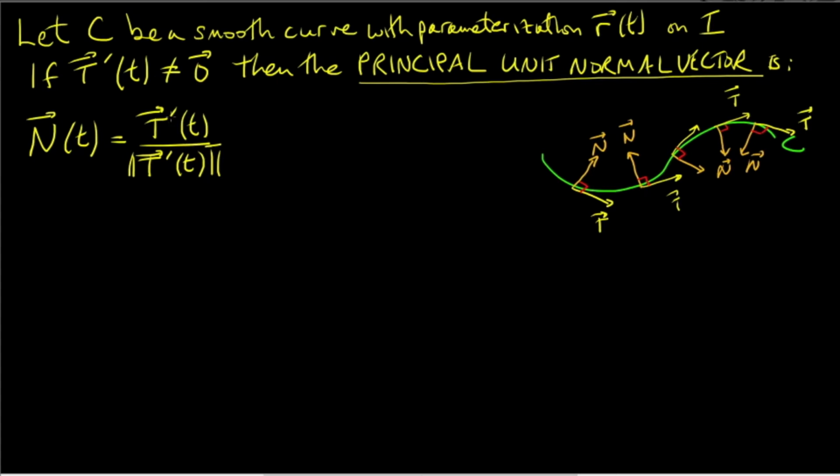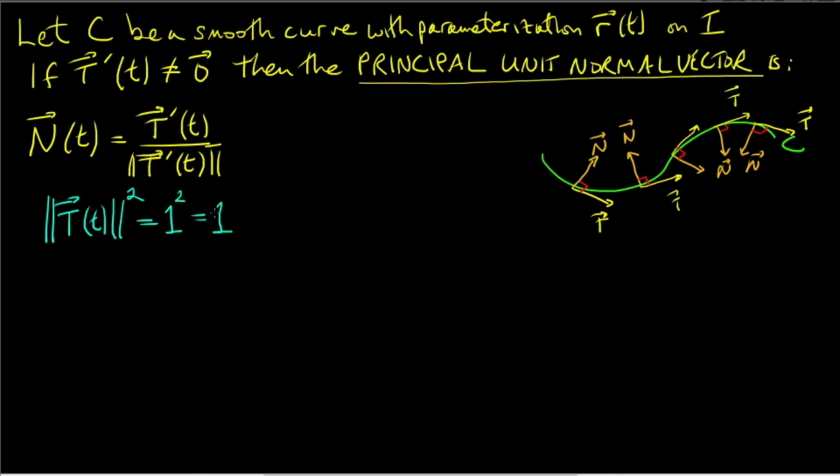So let's see if we can reason through this. Remember the whole idea of the unit tangent vector T is that it points along the curve. It's essentially in the direction of the velocity. However, its magnitude is 1. And also, if you square that number, 1 times 1, you still get 1.